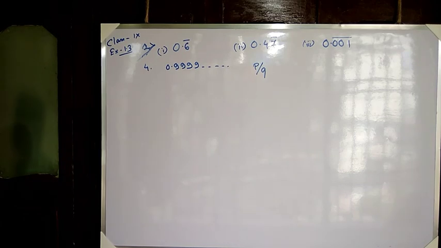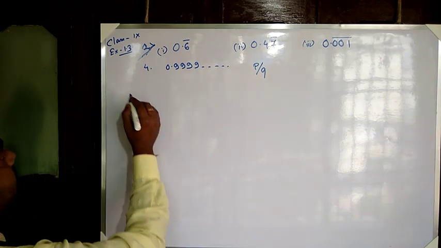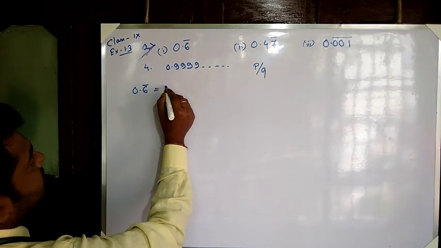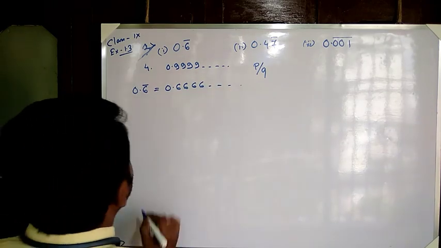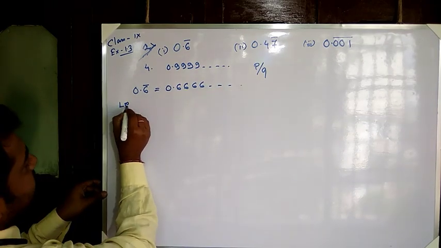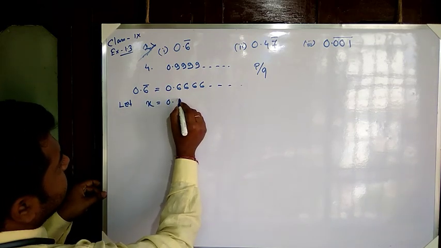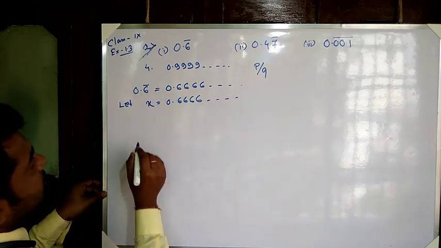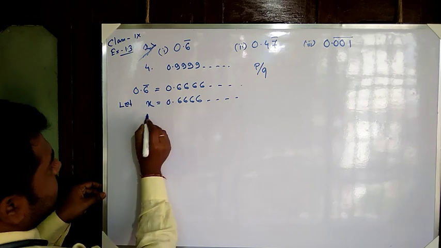In my last video I already mentioned, 0.6 means what? 0.6666 dot dot dot. Now write, let x equals 0.6666 dot dot dot. How many terms are repeating here? Only 6, correct?